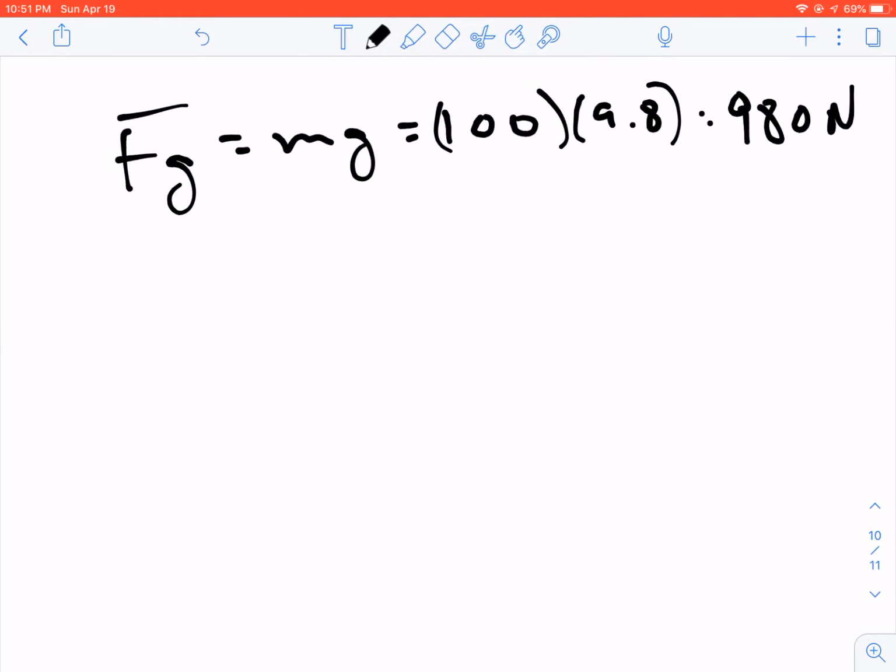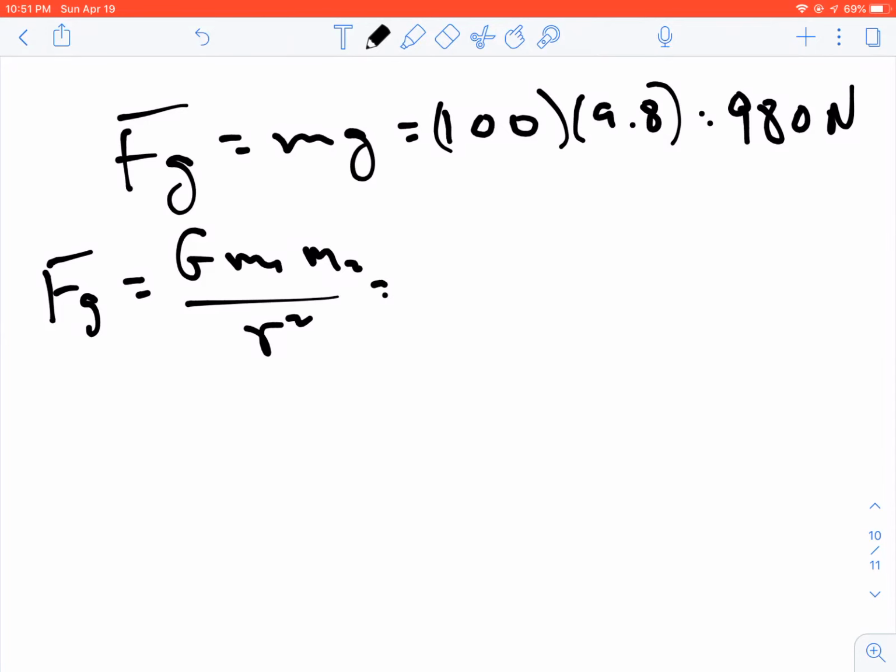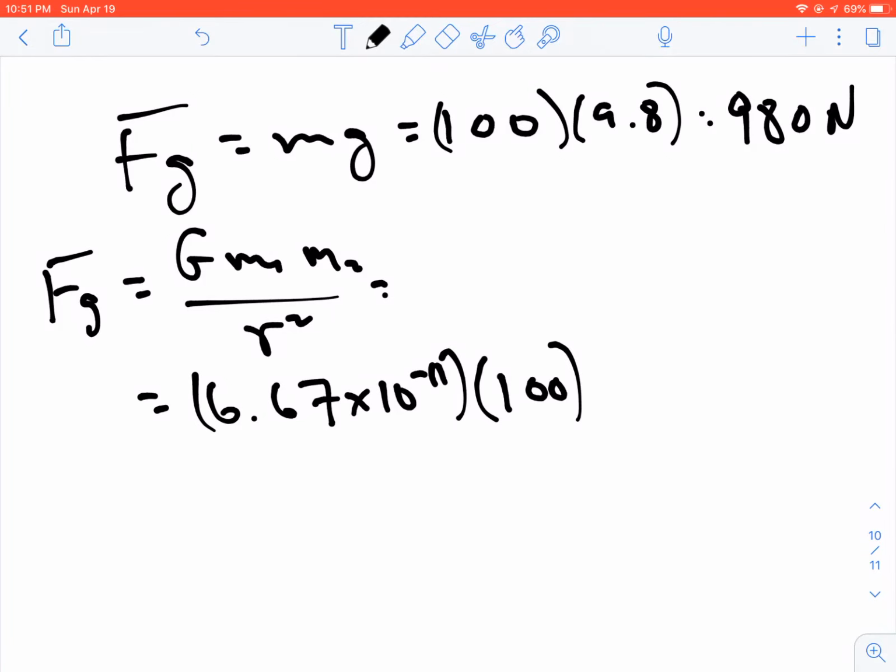The other way to calculate my gravitational force would be to use G m1 m2 over r squared, where the G is 6.67 times 10 to the power of negative 11. M1 is me at 100 kilograms.